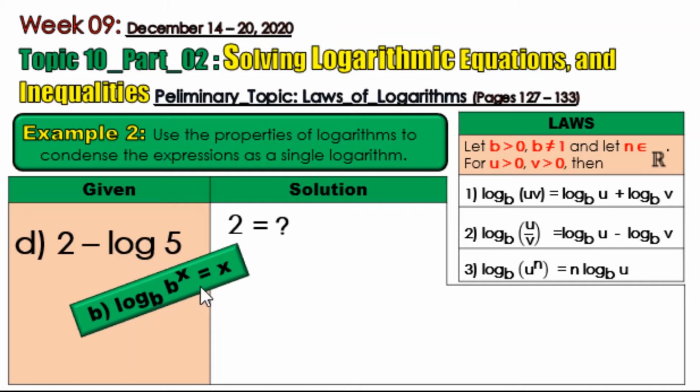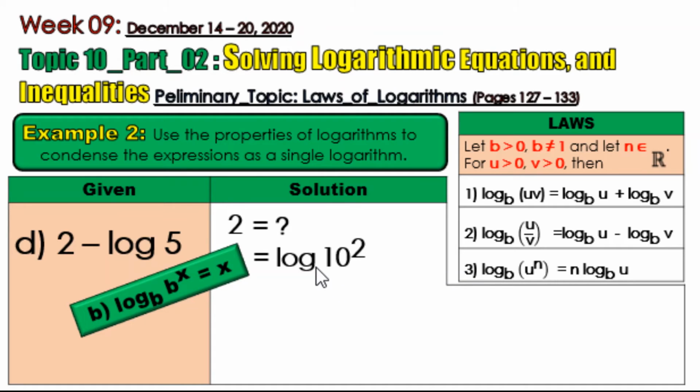We have used this several times in the previous example. So how would we express 2 as a logarithm of a number to the base 10? We can express 2 as logarithm of 10 squared to the base 10.